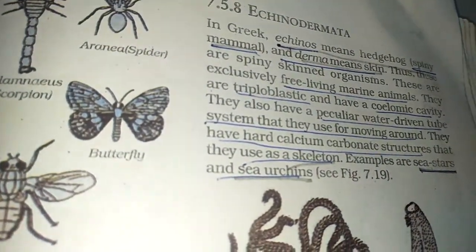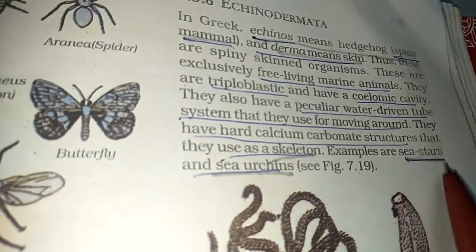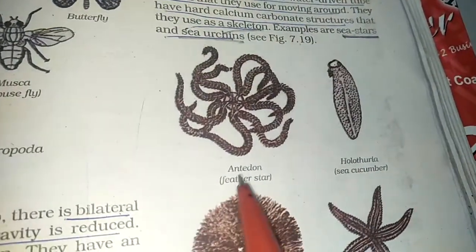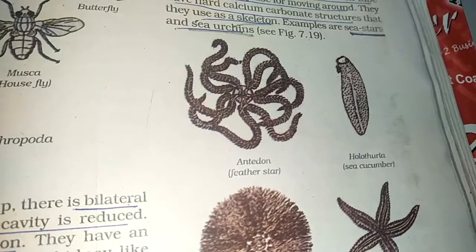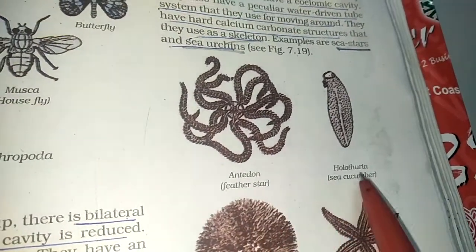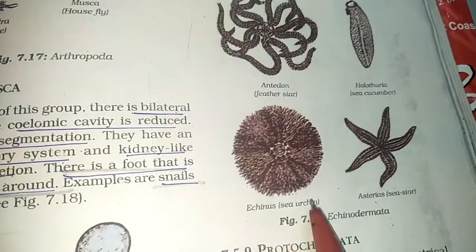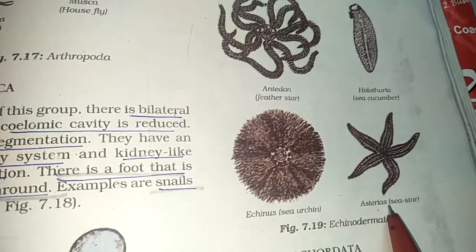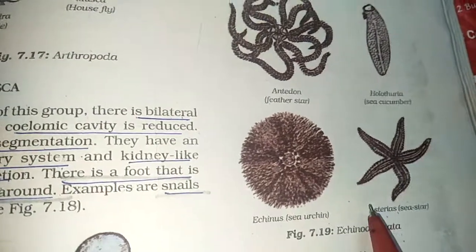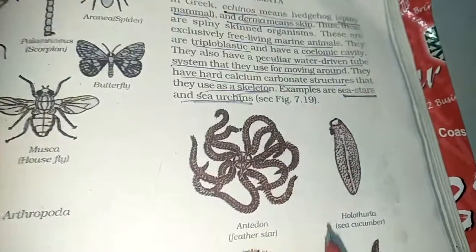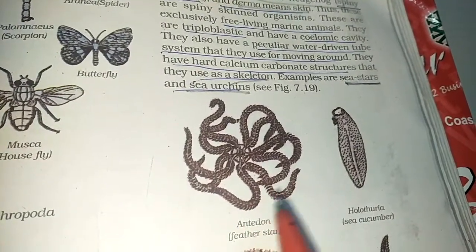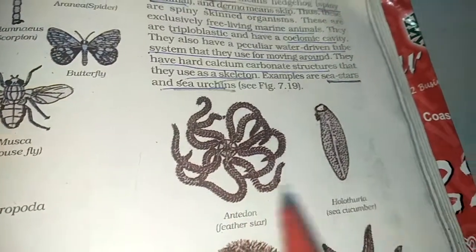For example, you have sea star, that is starfish, and sea urchins. Apart from that, you have different types of starfish like feather starfish. You have sea cucumber, sea urchin, and the sea star, that is the starfish. All these animals come under echinodermata, and they have a hard calcium carbonate skeleton covering them.